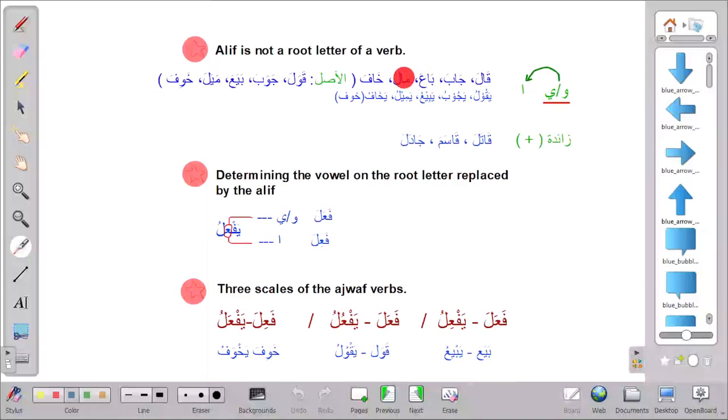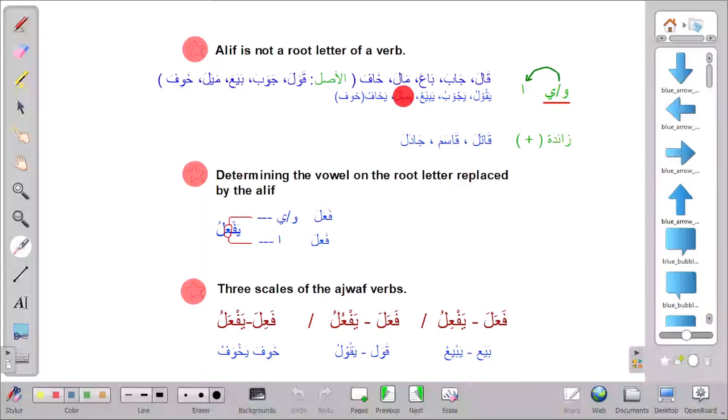The same way here, mala, yamilu. As I said, you need to know the mudore first. Yamilu means he is leaning towards something. So if I ask you, this alif is replaced, so what was actually there before the alif replaced it?